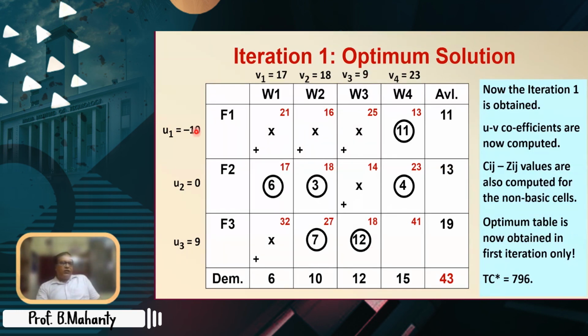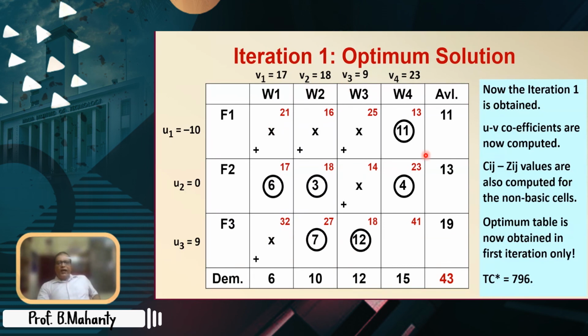As a cross check, please do not forget to do a cross check. That cross check is also very important. Minus 10 plus 23 equal to 13. 0 plus 17 equal to 17. 0 plus 18 equal to 18. 0 plus 23 equal to 23. 9 plus 18 equal to 27. 9 plus 9 equal to 18.